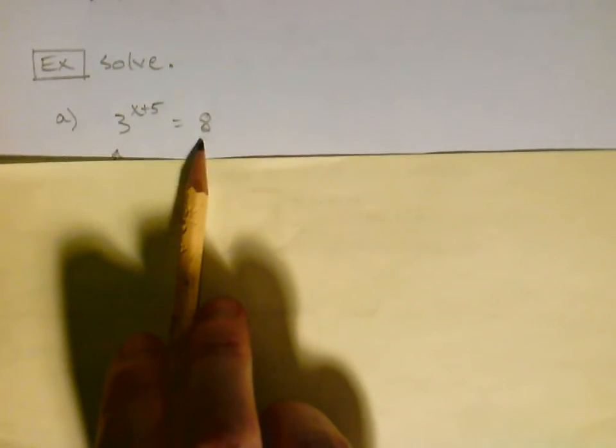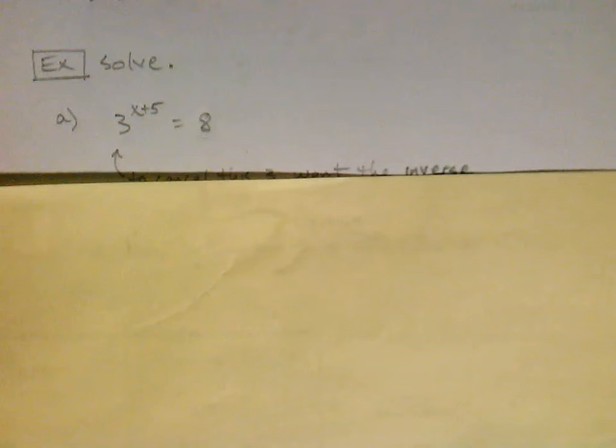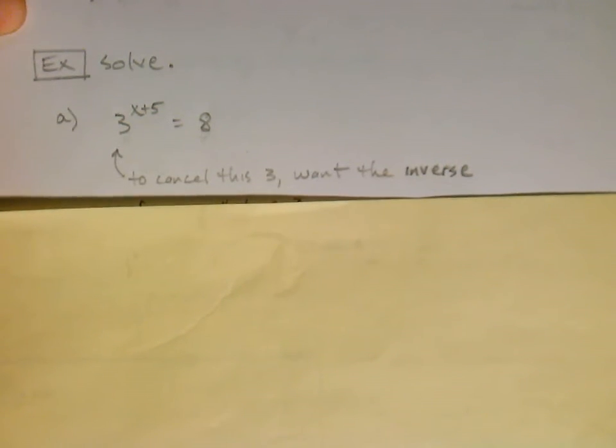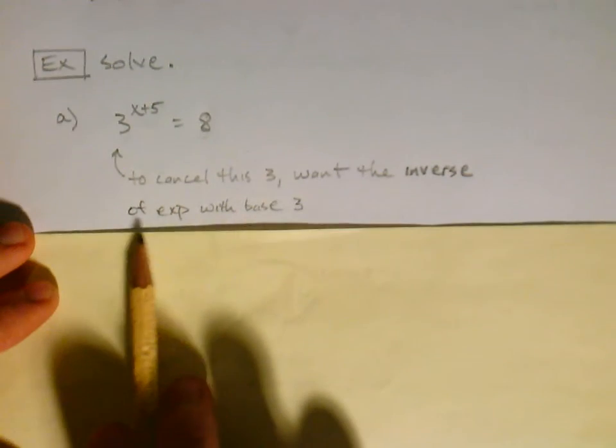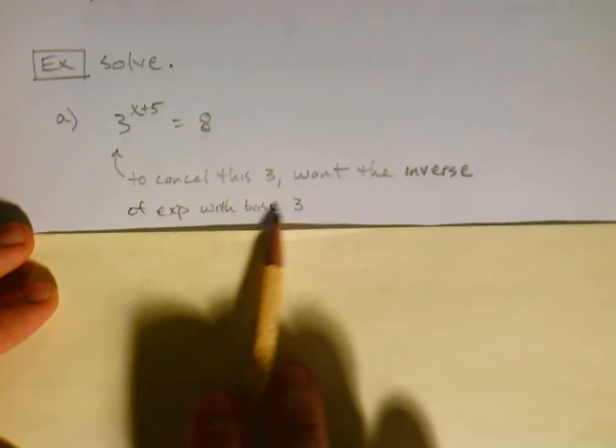So we've got a more general way to approach this that will work for any number that we see, whether we can rewrite it with that same base or not. Here's the question. To cancel this 3, we want the inverse of the exponential with base 3, right?